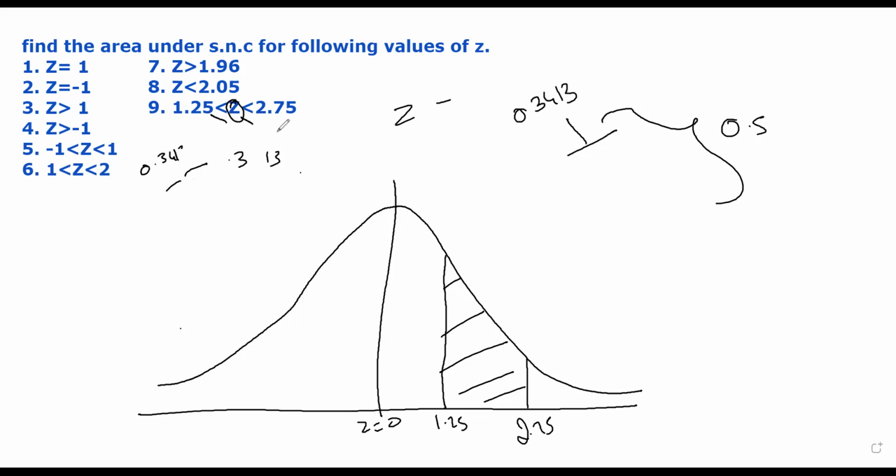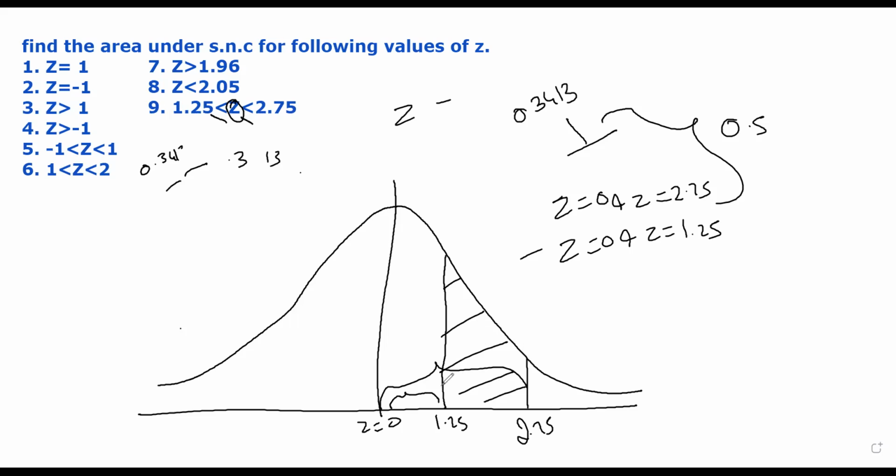Now how to find this area? I will find the area between Z equals 0 and Z equals 2.75 and subtract the area between Z equals 0 and Z equals 1.25. So from this whole area we subtract this area and we get the required area.